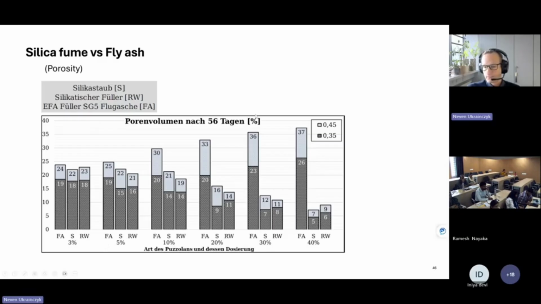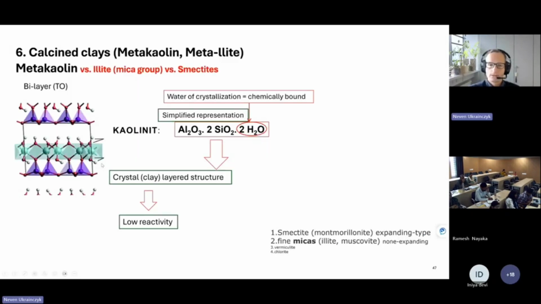And then you can see that the more replacement you give, the higher the porosity, if you use non-reactive replacements. But if they are reactive like silica fume, actually the porosity is reducing. If it's non-reactive, the porosity will increase. This was the main outcome. So it has to be reactive so that you don't jeopardize the porosity.